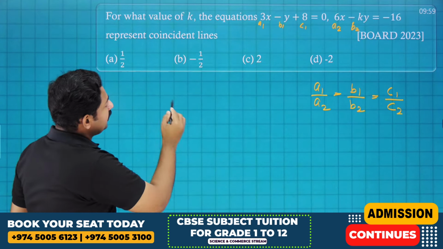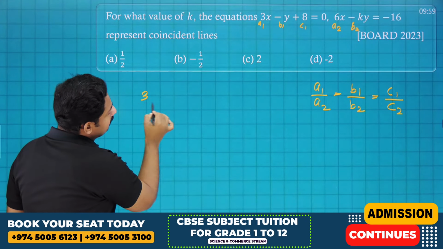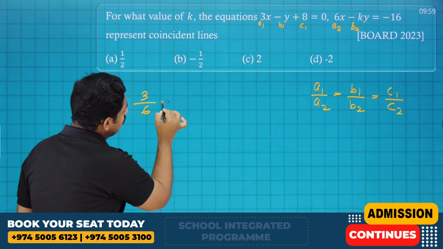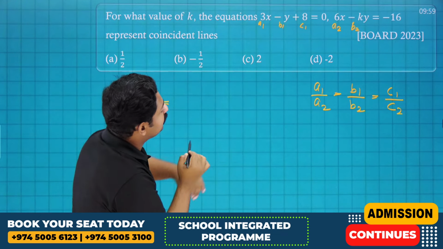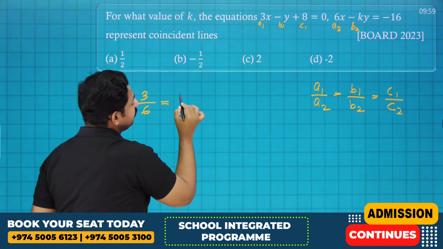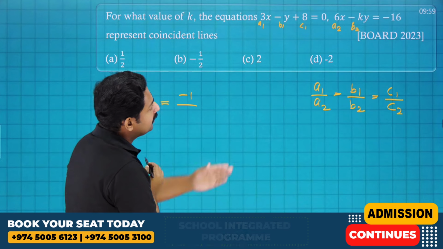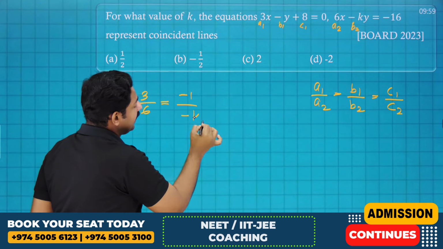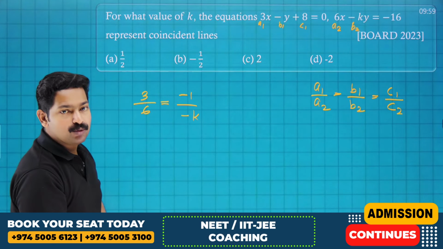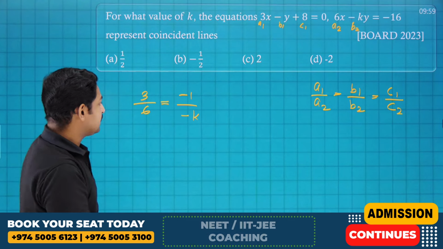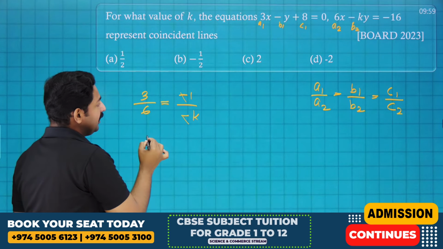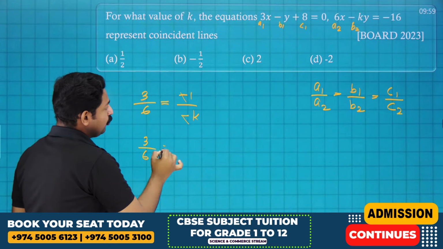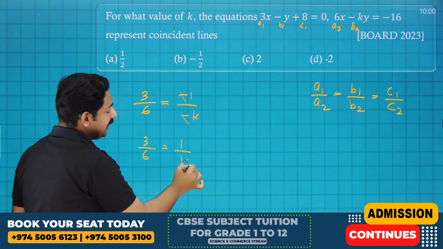Now if you take the condition, a1 by a2 means 3 by 6 is equal to b1 by b2, the coefficient of y, b1 is minus 1, by b2 which is minus k. So 3 by 6 is equal to minus 1 by minus k. Here you can cancel minus and minus. 3 by 6 is equal to 1 by k.